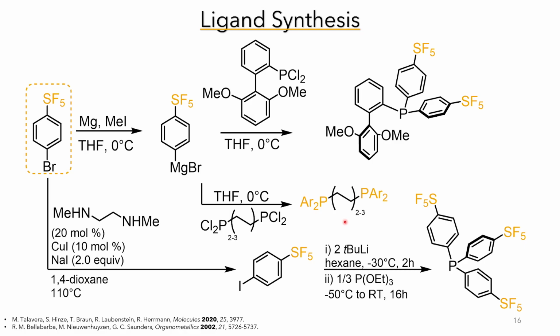And from the brominated SF5, we could also do a halogen exchange to get the iodinated SF5. And from here, we can use tert-butyllithium to get our PAr3, like our triaryl phosphine, and that would be done with triethoxyphosphine here under these conditions.